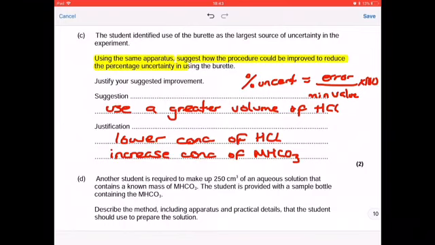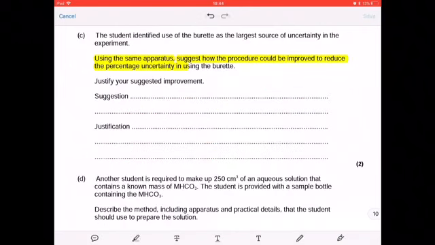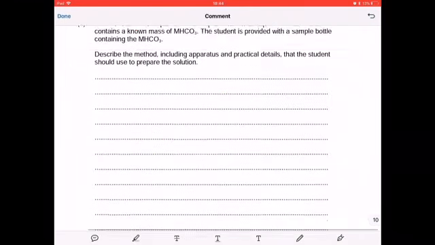So either of those two things as individual points would get you that second mark, but the first mark is for using a greater volume of hydrochloric acid. And I think most people, having seen that question now, should be able to answer it effectively.